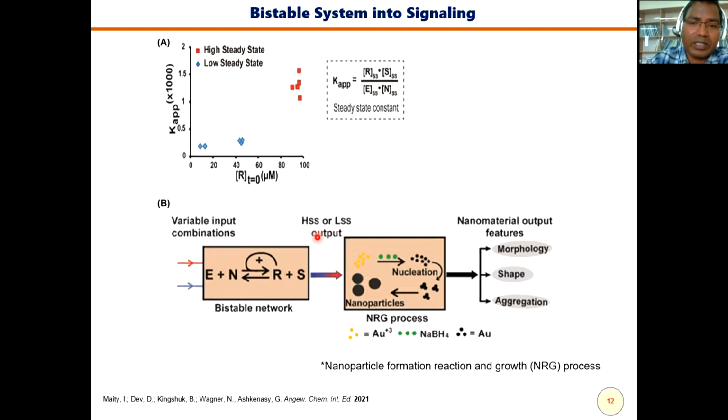Here we can see this bistable system, high steady state or low steady state, works as an input signal for the NRG, which is the nanoparticle formation reaction growth process, which gives an output in the form of morphology, shape, and aggregation.